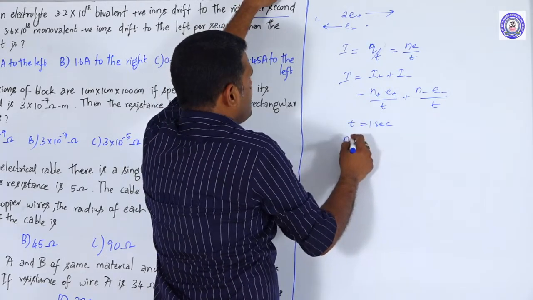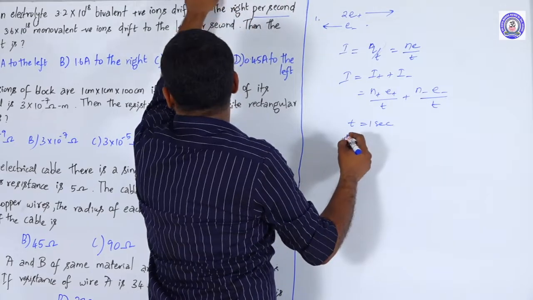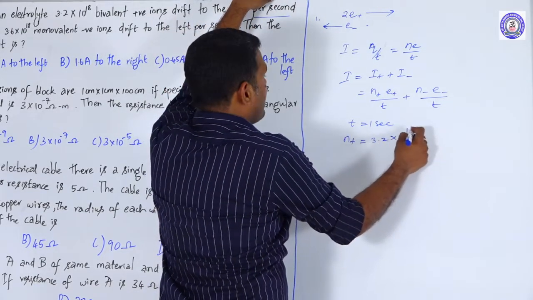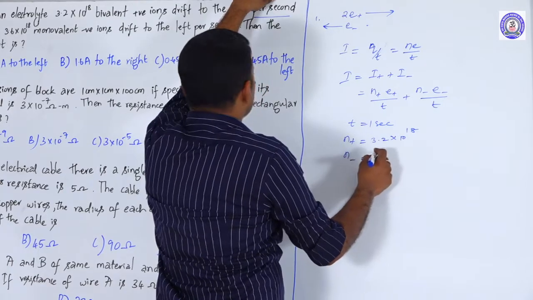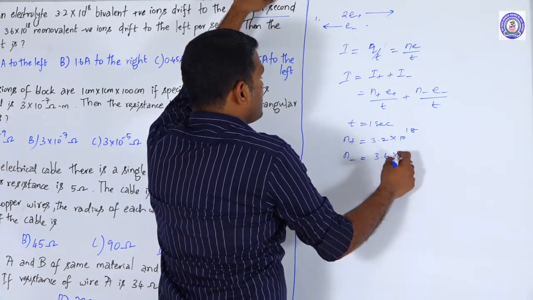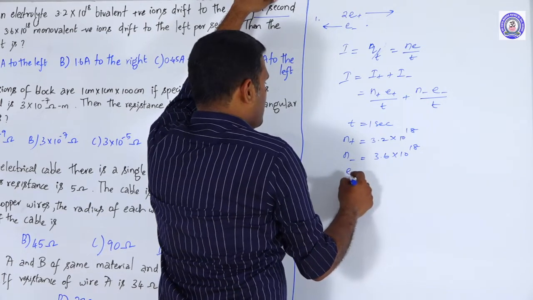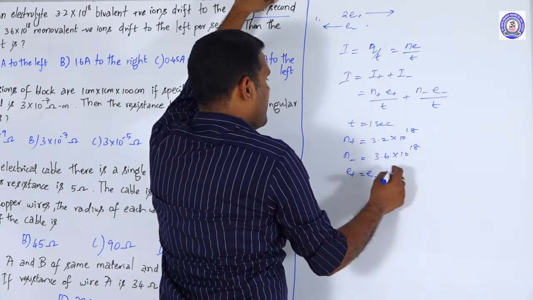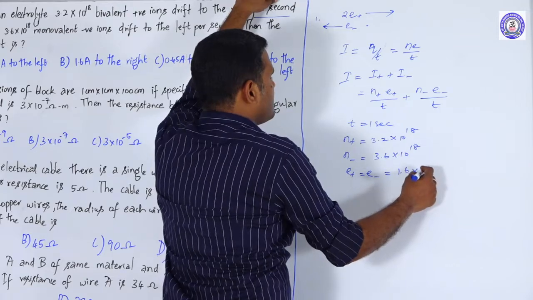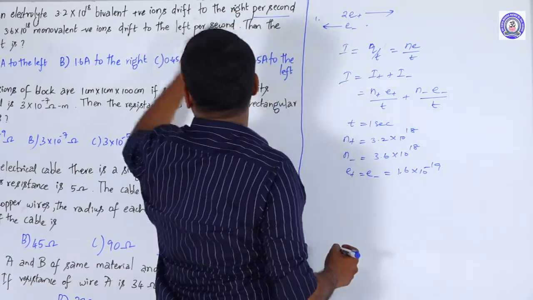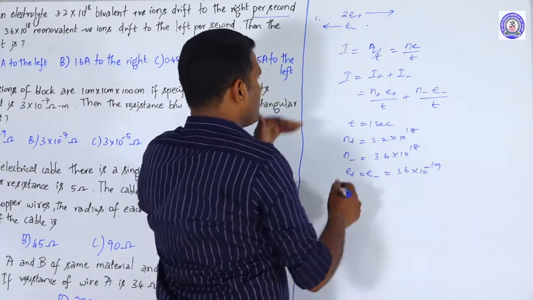The number of positively charged ions is 3.2 × 10^18. The number of negatively charged ions is 3.6 × 10^18. The charge of a positive ion and the charge of a negative ion are one and the same, 1.6 × 10^−19. Whether it is monovalent or bivalent, that is important.